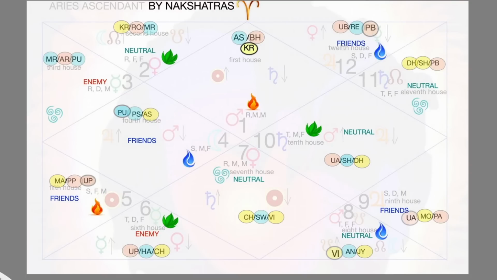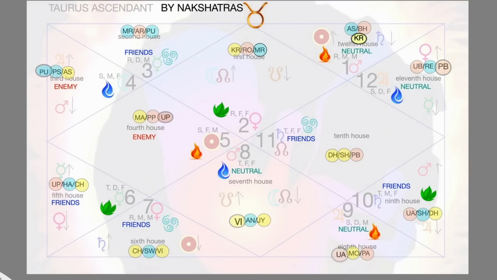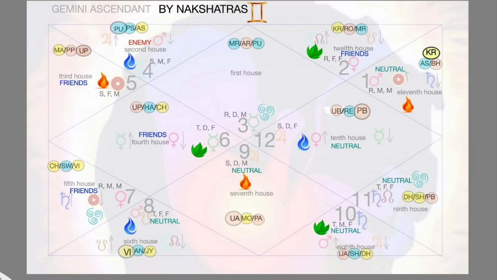Now if we take the same kind of logic, we can take to other signs as well. Let's take Taurus ascendant. Now it considers all the portions of life as a resource. So let's not delve too much into Taurus ascendant. Let's go to Gemini. Now for the Gemini, Taurus has fallen into the 12th house.